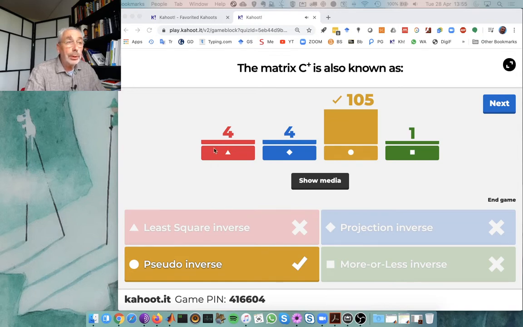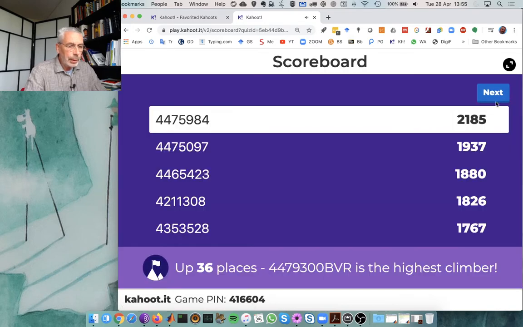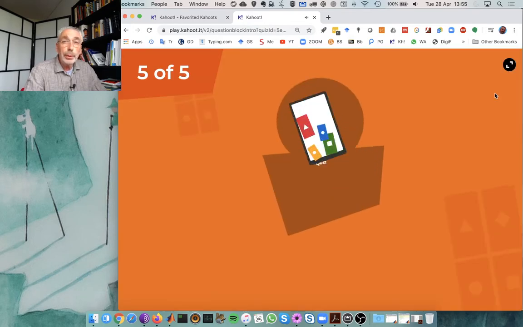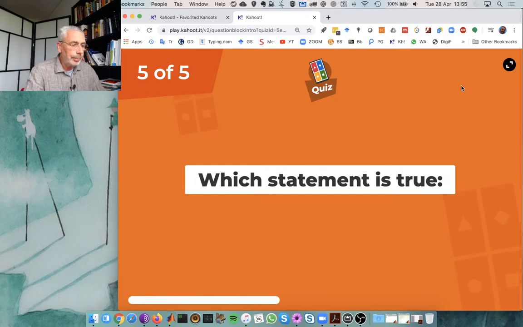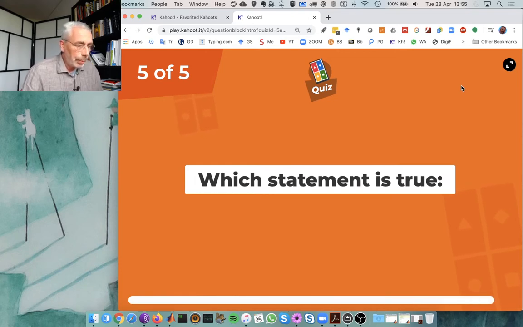Indeed, the correct answer is pseudo-inverse. Okay, last question, and that's about this week's topic, the rolling contact problem. Which of the following statements is true?